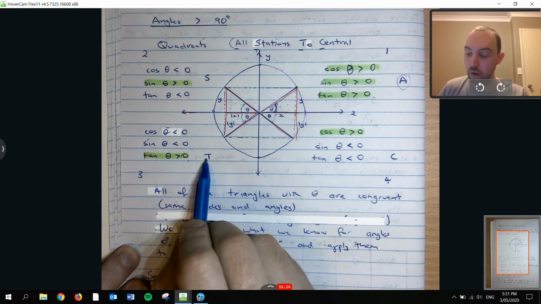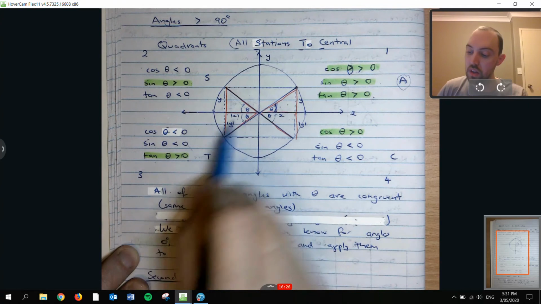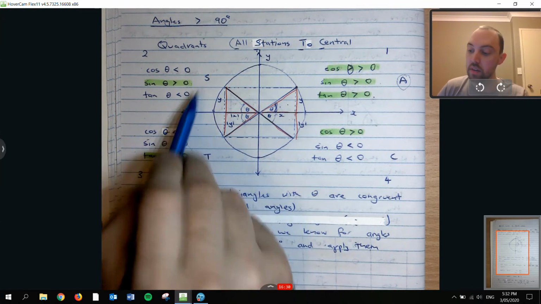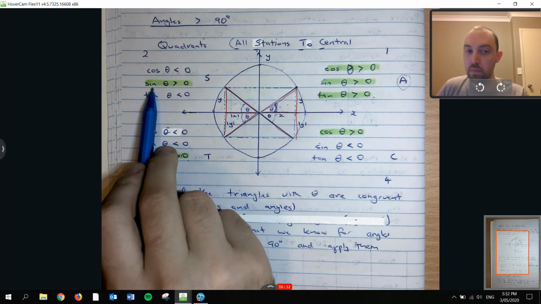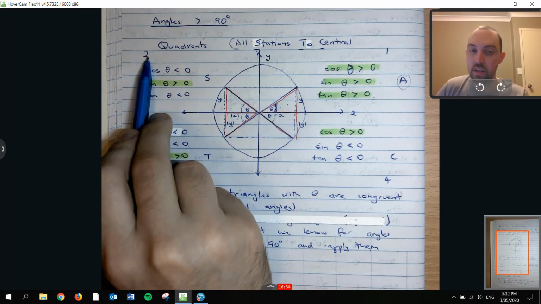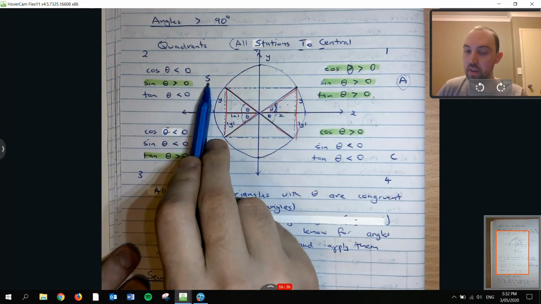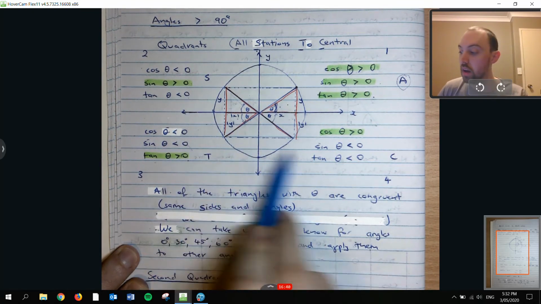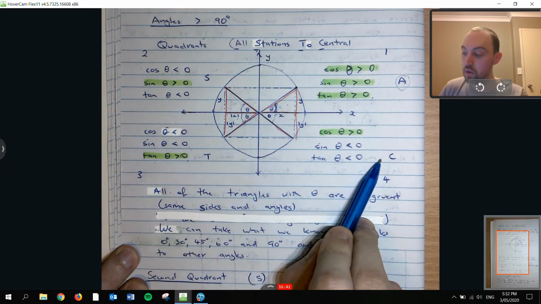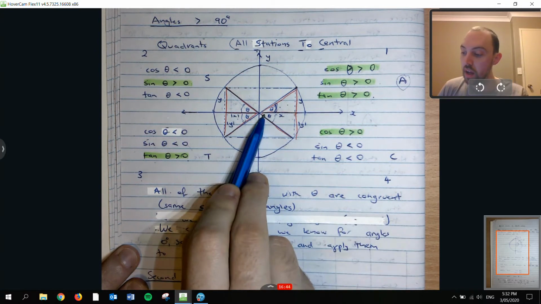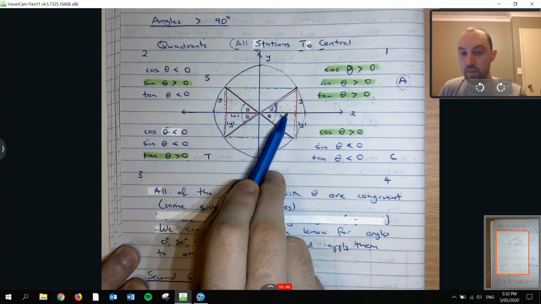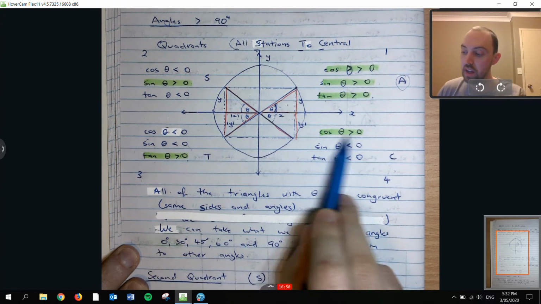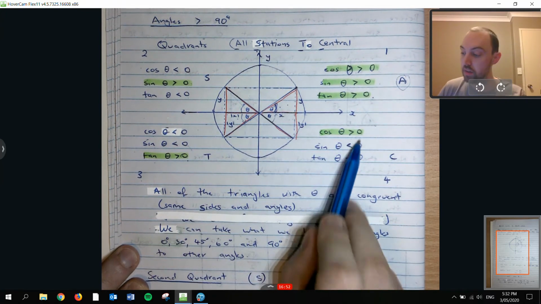Tan is the positive function in the third quadrant. Just quickly stepping back because I missed it: sine is the only positive in the second quadrant, which is why we give it S. So we've got A, S, and T so far. And then in the fourth quadrant, x values are positive, but y values are negative. Cos is the x values, so cos is positive.